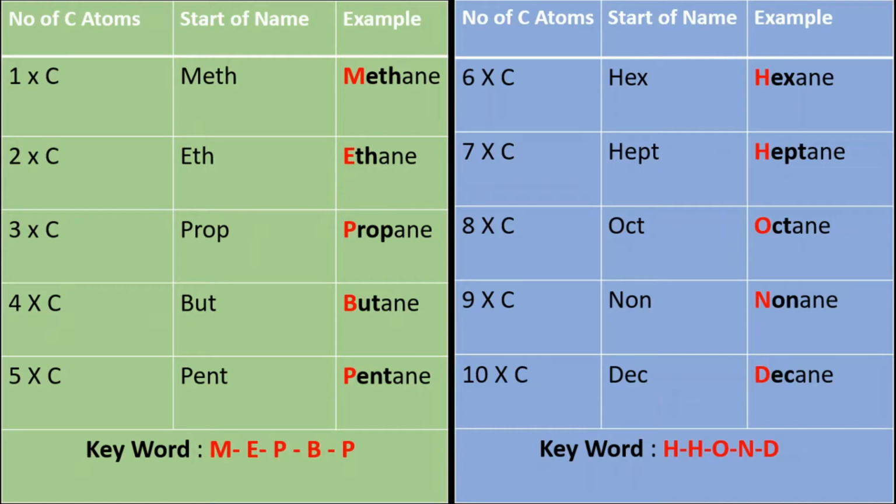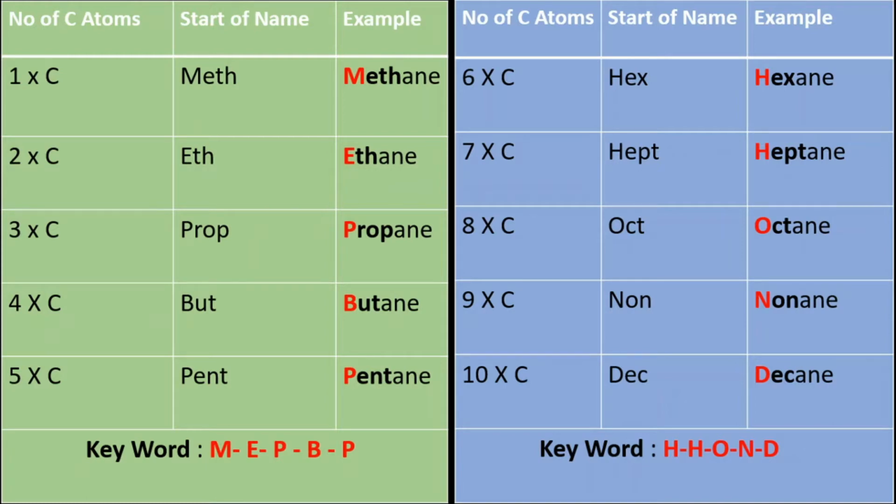I'm simply talking about very simple compounds like methane, ethane, propane, butane. Because if you understand the naming of these simple compounds, you will be able to understand the naming of complex compounds as well.